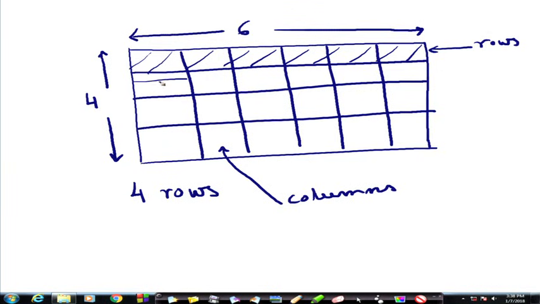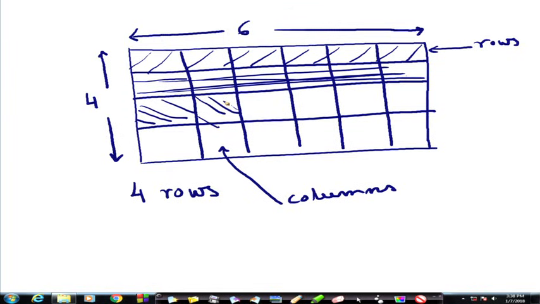This is another array, this part is another array, this part is another array. So, we have got 4 different arrays arranged one after another. So, for n equal to 2, I have got rows and columns. So, we get two dimensional arrays.